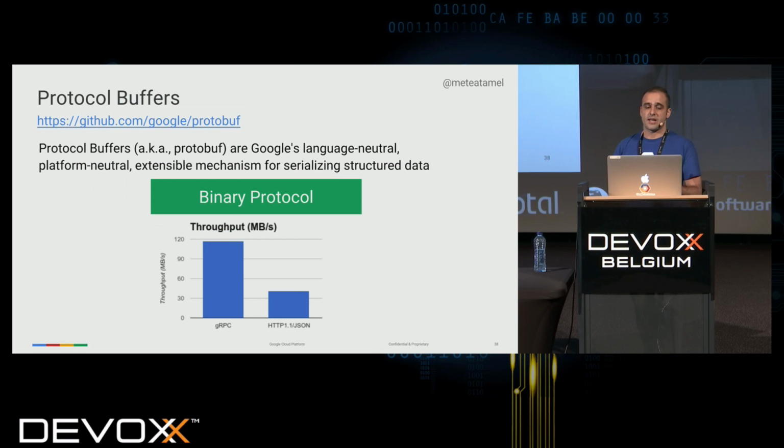The other efficiency that comes with gRPC is what goes over the wire. gRPC uses protobuf. It's a binary protocol, and it's much more efficient than your regular XML or JSON. This is a graph from one of the Google Cloud services. They used to have an HTTP 1.1 JSON-based endpoint, and this was their throughput.